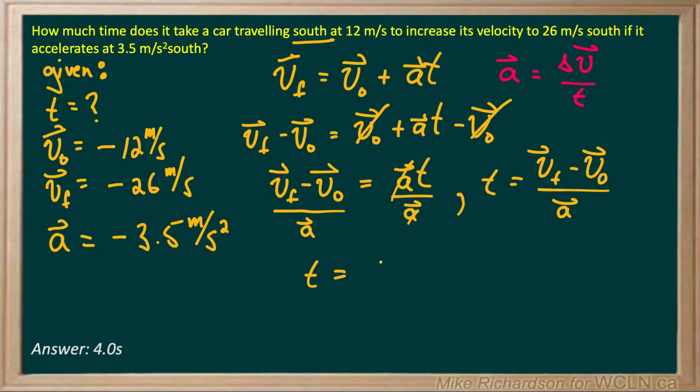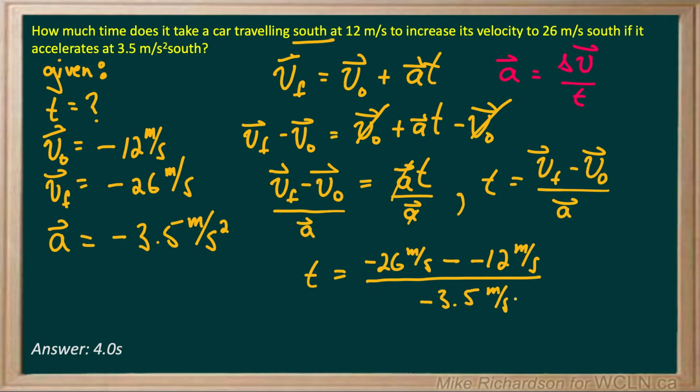Time equals v final, negative 26 meters per second, minus negative 12 meters per second, all over negative 3.5 meters per second squared. Now, when I'm subtracting a negative, this becomes positive.